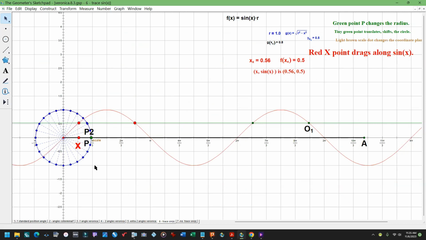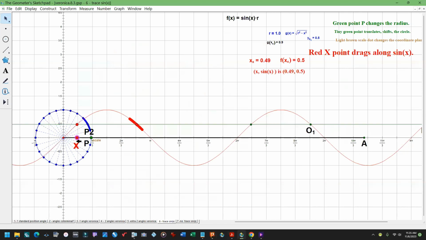But there are other places where the sine is 1/2. Here's one of them.